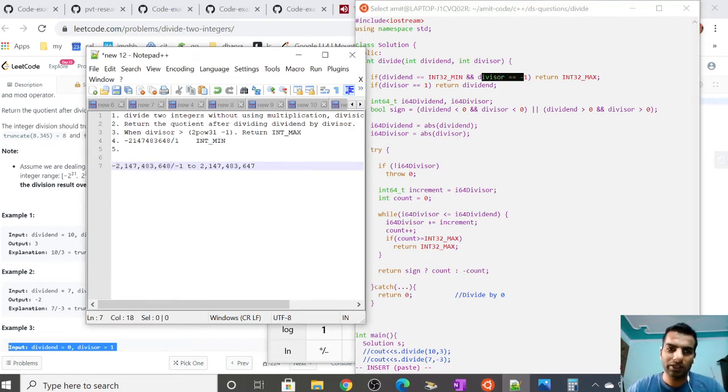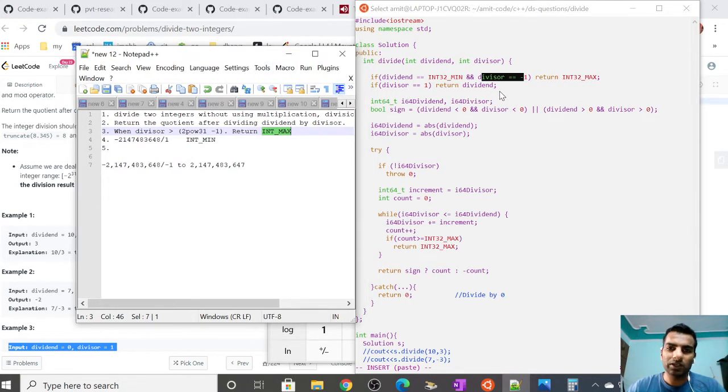In that case minus and minus both cancel, and this creates the overflow case, that the result gets greater than 2 raised to the power 31 minus 1, so we have to return integer max, which I have just returned. If the divisor is 1, then we have to return the dividend as it is. For example, if it is 109 divided by 1, we return the dividend as it is.